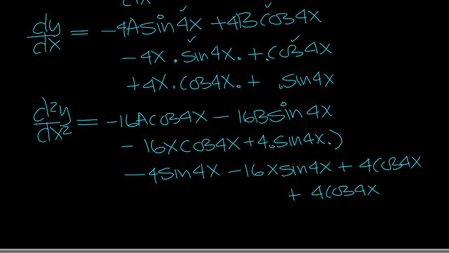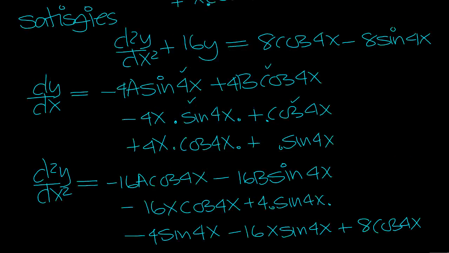So that's the bracket gone now. Okay, this is 4 cos 4x and this is 4 cos 4x. So that makes 8. So I'm just going to combine those two, if that's okay, and put 8. Okay, good. So now that's what we've got there.